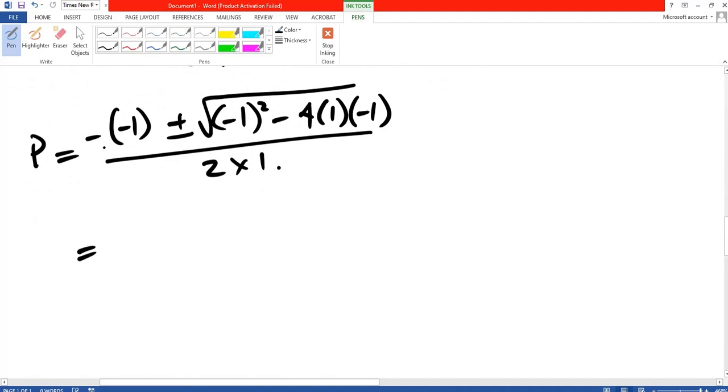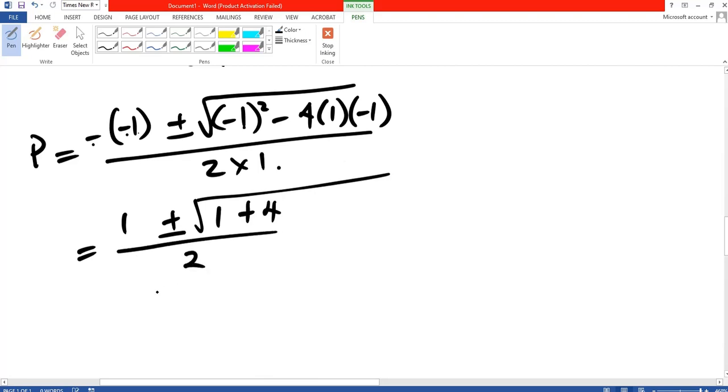Now you have minus times minus 1 will give you 1 plus or minus, minus 1 squared is 1. Minus 4 times 1 is minus 4. Minus 4 times minus 1 will give you plus 4, all over 2. So this is 1 plus or minus square root of 5 all over 2.